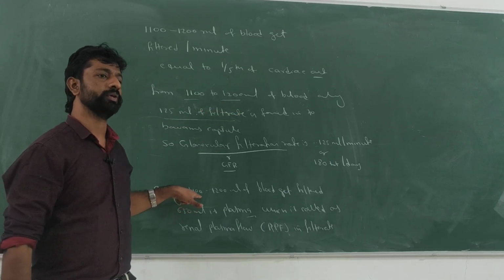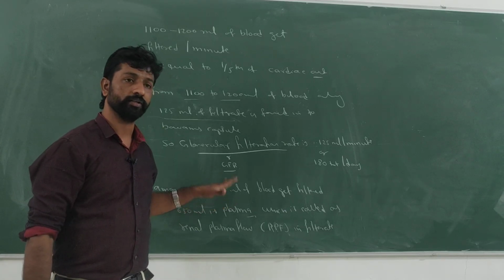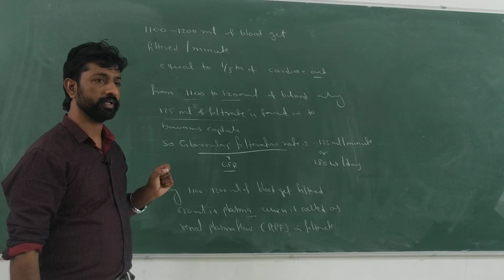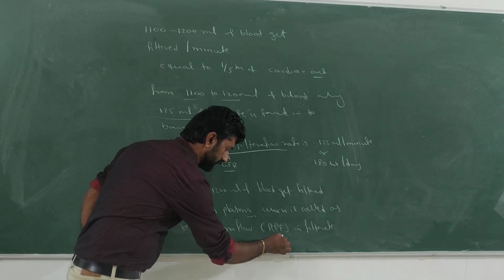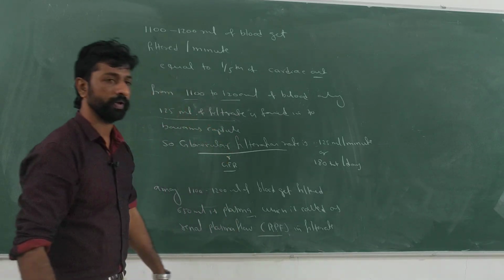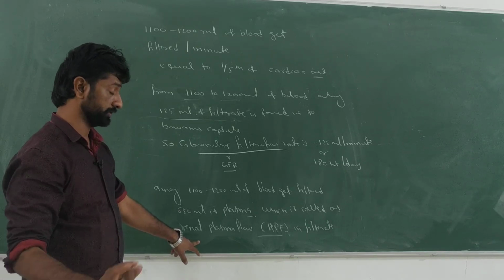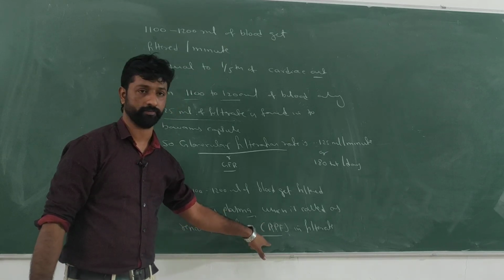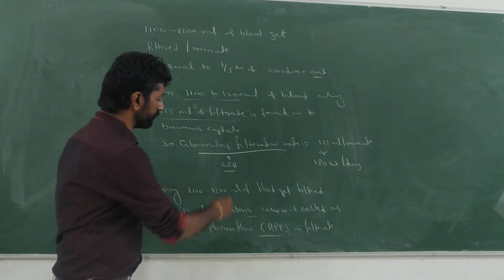It represents nearly 60 to 65%, so 60 to 65% of the filtrate is nothing but plasma. Such a flow is called renal plasma flow. Actually, not 60 to 65%, it is representing 20% of the filtrate.